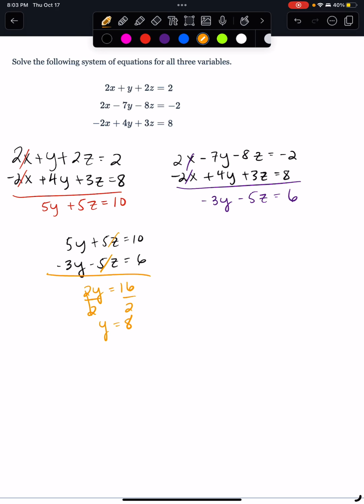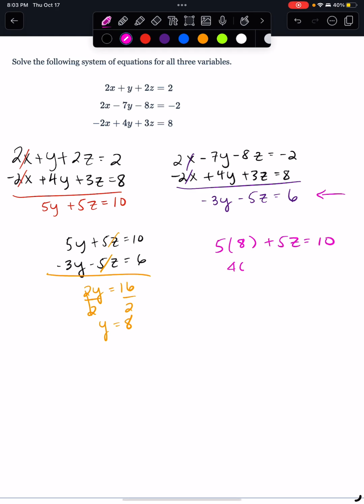So we have one of our variables, we have y, and now we're going to want to go through and find our other variables. So if we look at our steps before up in this row, we'll see that we have equations where we have a y and a z. So let's use these to now solve for z. We can use either equation. I'm going to use the red one. So 5y is 8, so 5 times 8 plus 5z is equal to 10.